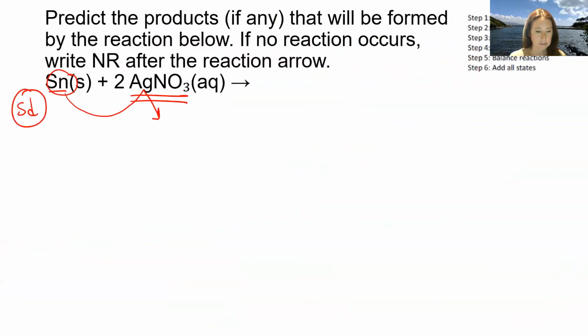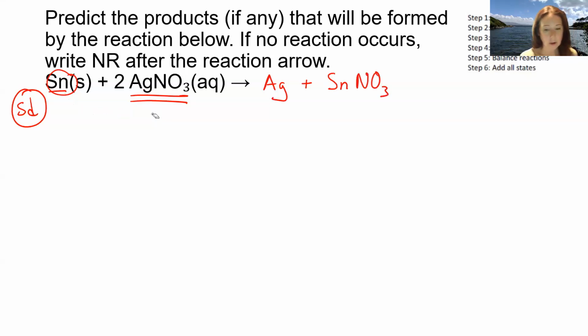So when we do this, we get silver all on its lonesome, and then tin is going to be with nitrate. But again, on this one, this is going to be solid here, and this will be aq.